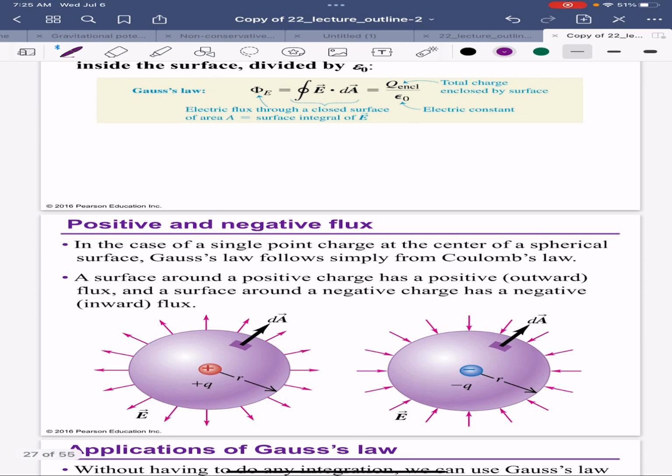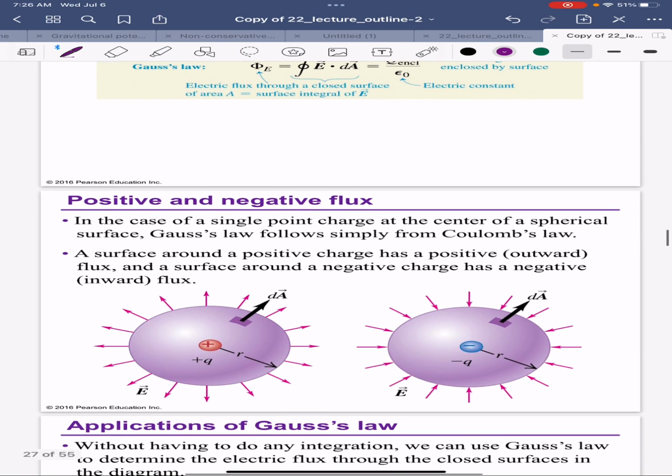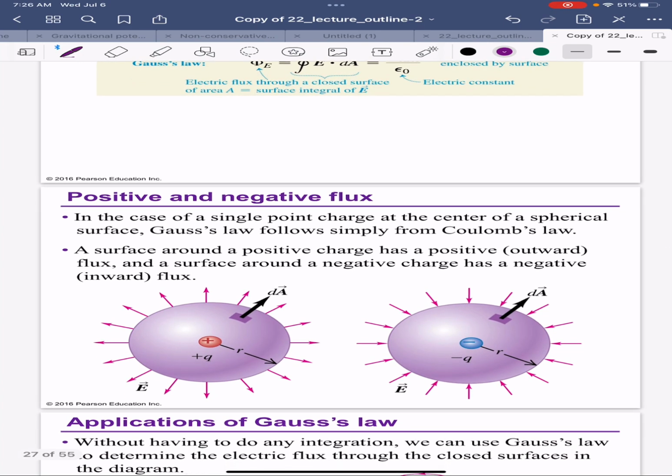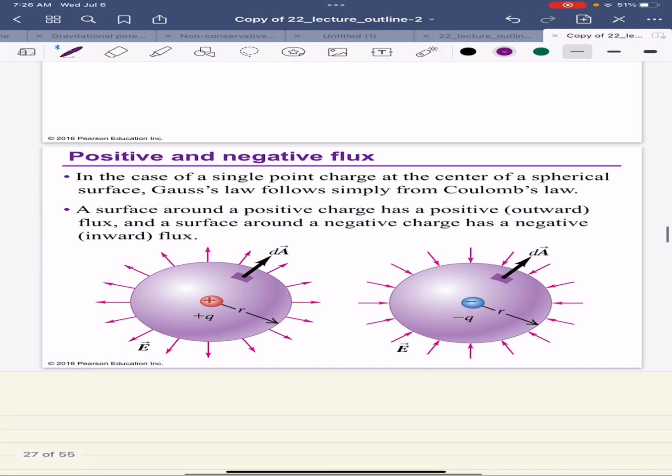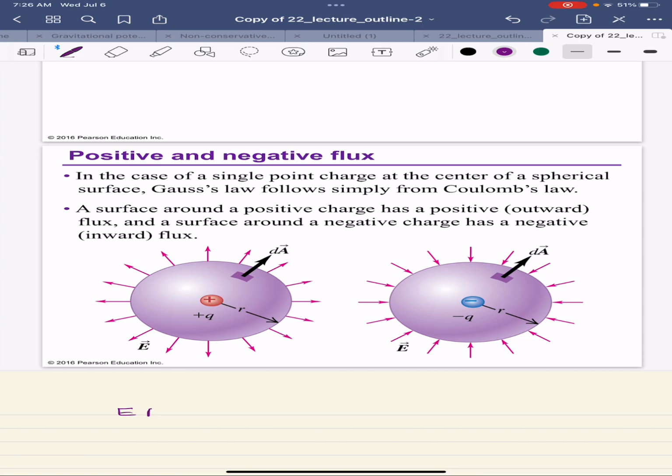In the case of a single point charge at the center of a spherical surface, Gauss's law follows simply from Coulomb's law. If we have a surface around a positive charge, it has an outward flux, and easily you can say that E times A should equal the charge enclosed, which is Q over epsilon 0.